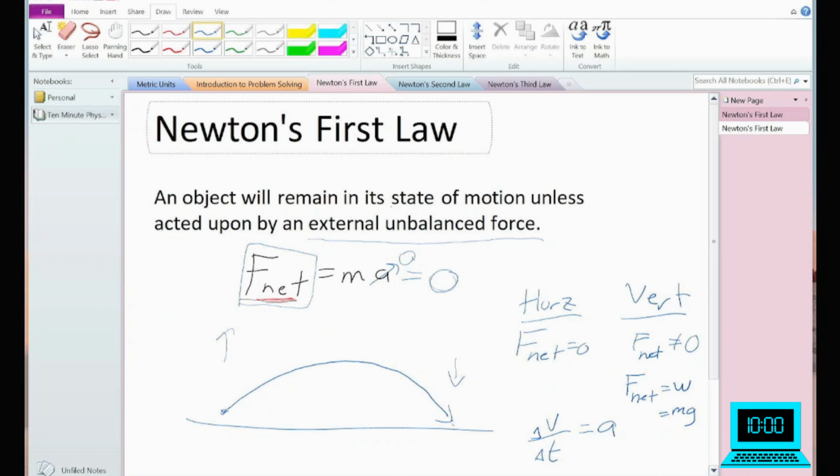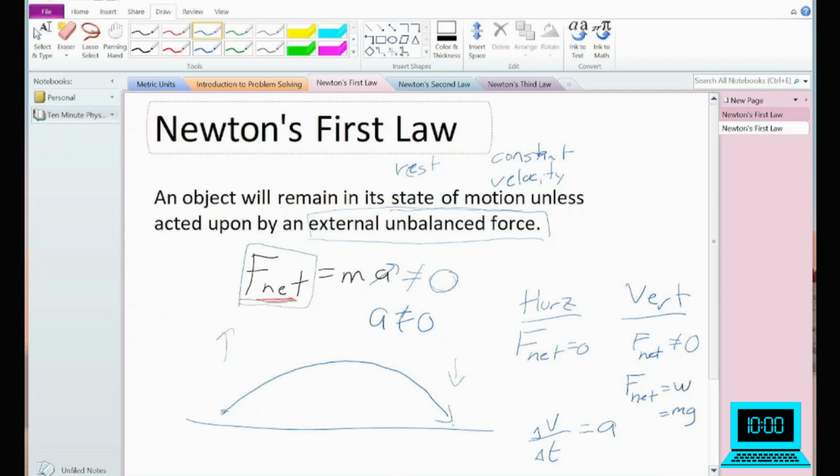And that's what we mean by state of motion. State of motion is either at rest or a constant velocity. Either one of those is a state of motion, and that will remain unchanged unless your net force is not equal to 0, and therefore your acceleration is not equal to 0.